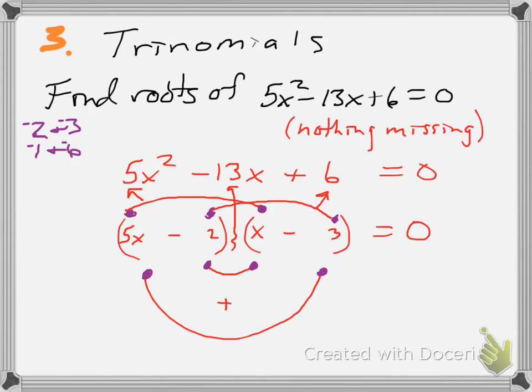Now, the nose of the monkey, negative 2 times x, is negative 2x. See it? The negative 2 and the x, those purple dots. The mouth, 5x times negative 3, is negative 15. Does negative 2 and negative 15 add up to negative 13?